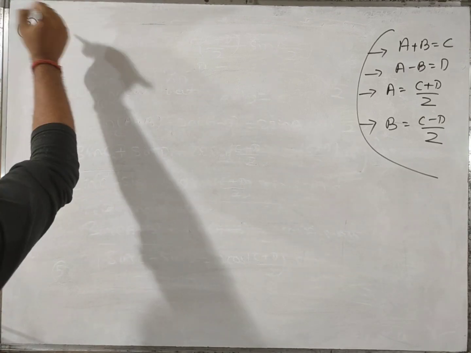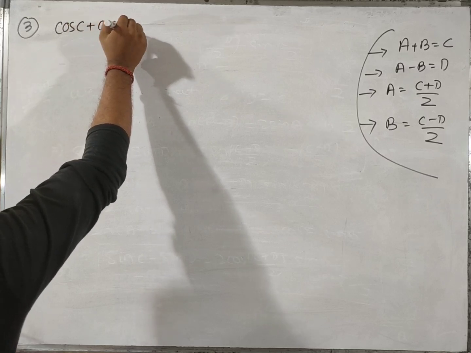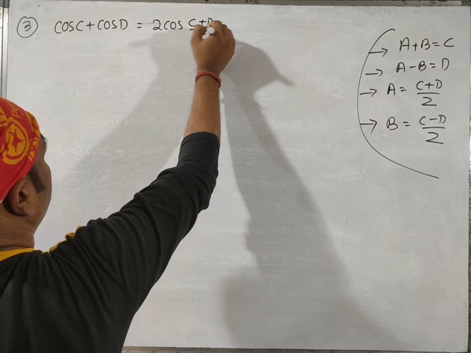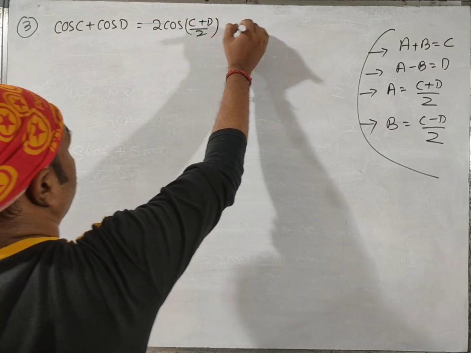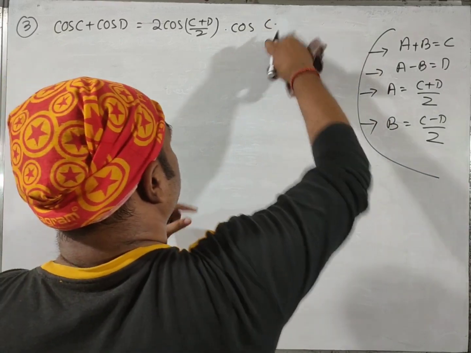Here it is the third formula: cos C plus cos D is 2 cos((C plus D)/2) into cos((C minus D)/2).